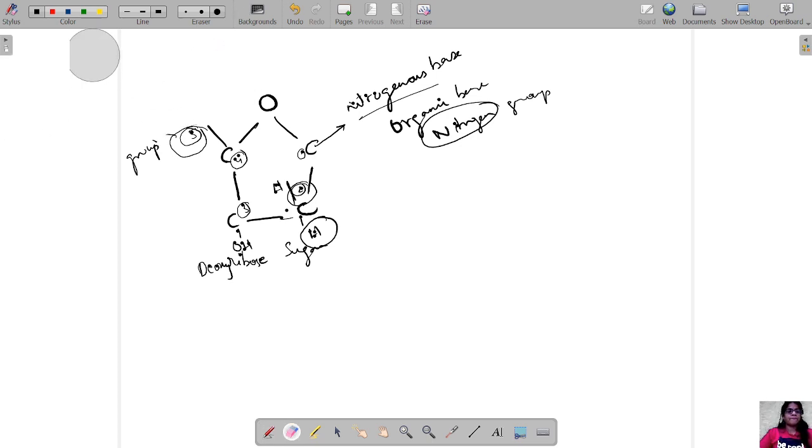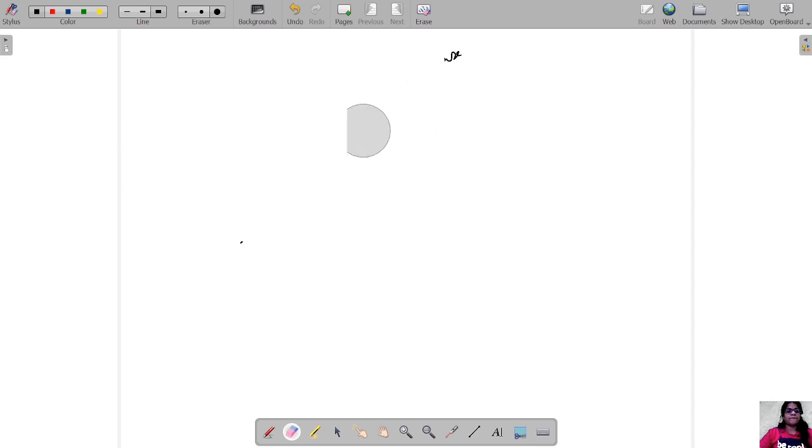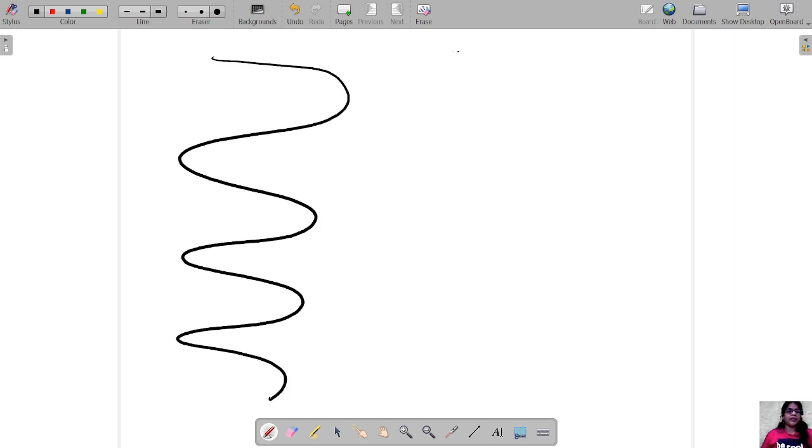Now let us talk about how they are arranged in a DNA molecule. You all know that DNA is double stranded. Structurally it has a 5' side and 3' side, and a 3' side and 5' side, placed in an anti-parallel direction.